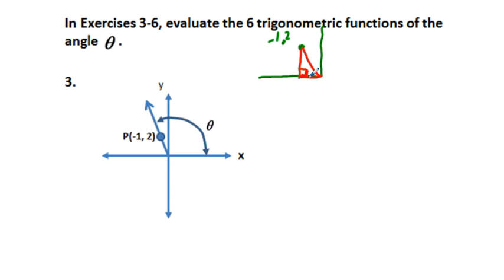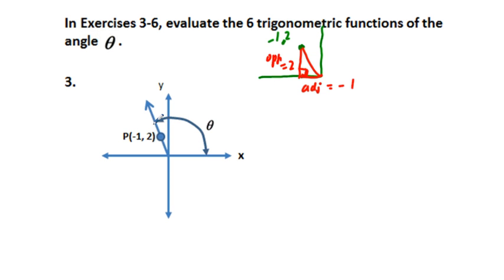This -1 means that our adjacent side of this triangle is equal to -1, and this 2 that goes up is our opposite side, which equals 2.